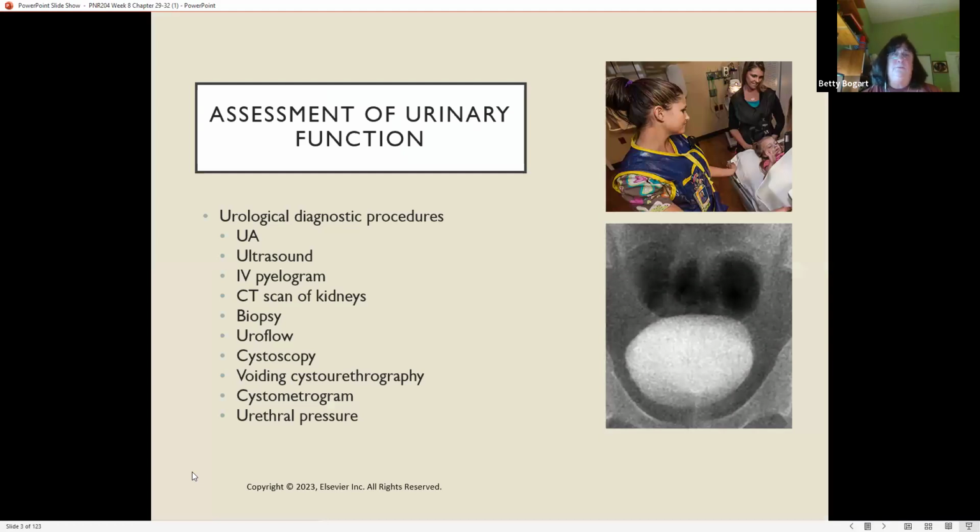So GU, how do we look at GU and how do we know it's functioning? Well, a simple urinary specimen, a urinalysis, that starts it out. And we can look at what's in it. Are they the right things or the wrong things, right? Then if we're having problems, of course, ultrasounds, IVP or IV pyelogram, I use them a lot when we have kidney stones, more in the older patient, believe it or not.